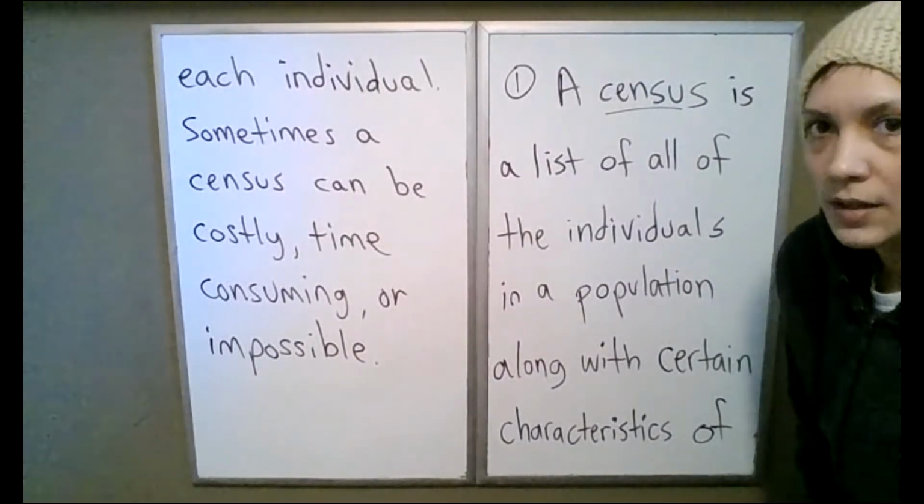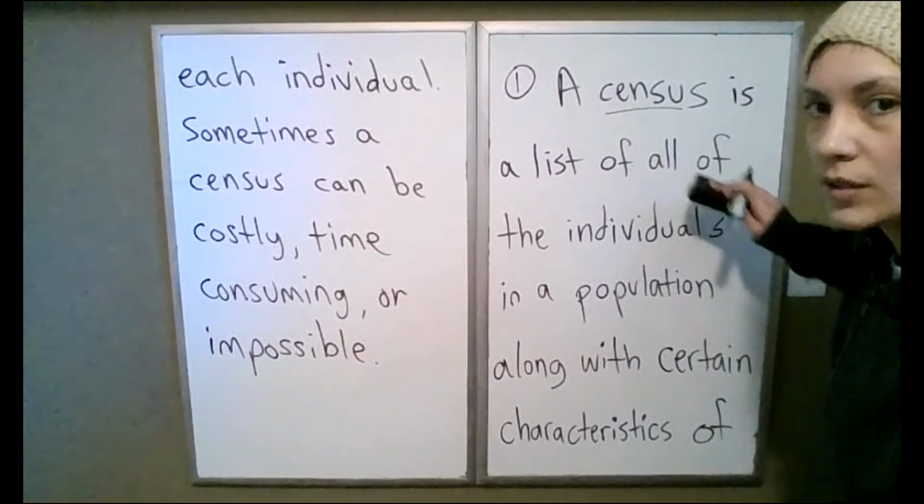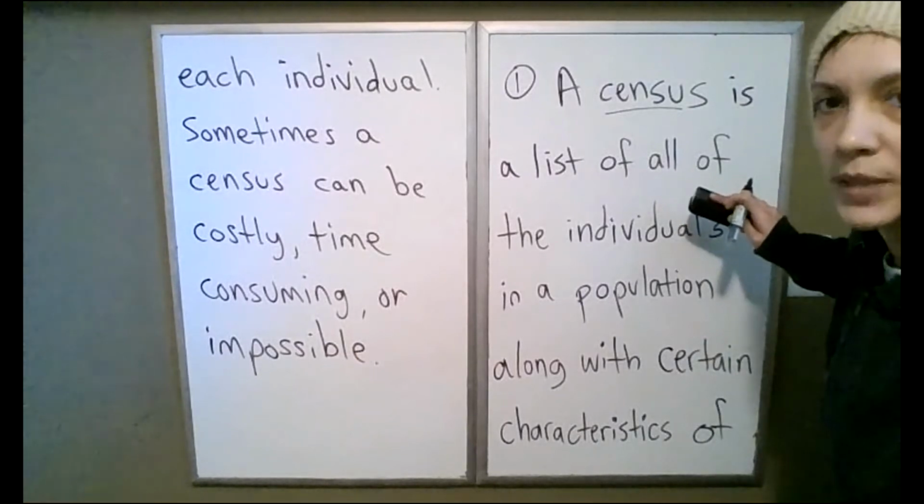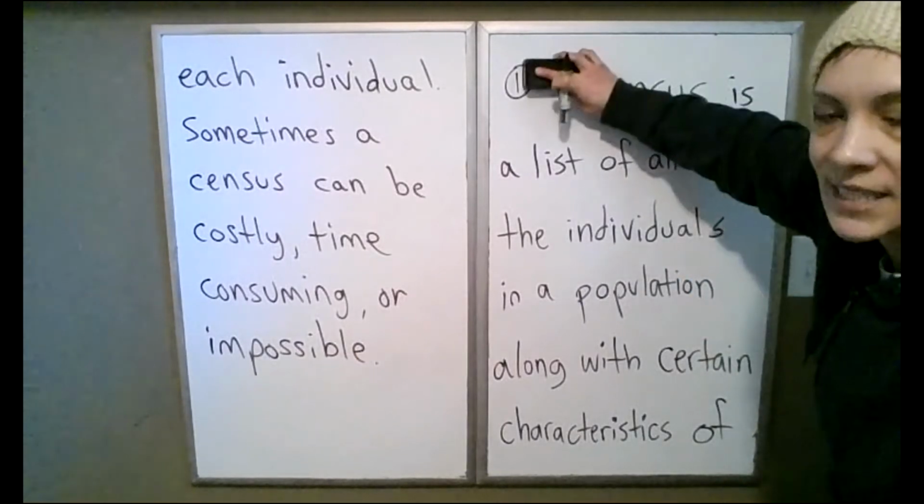So let's say we can't get all of the individuals in the population, so we get a sample. So number 2 is sampling.